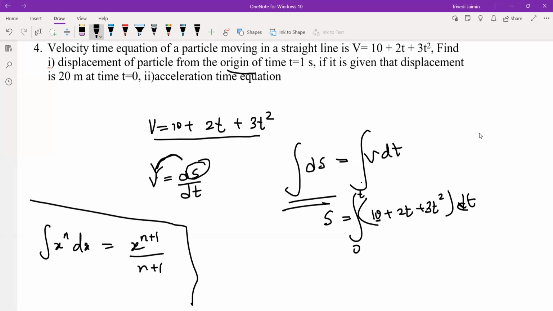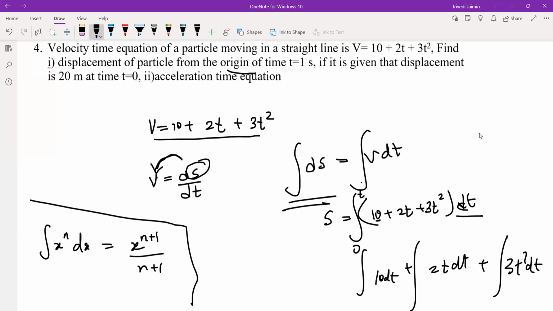Remember, we are integrating with respect to t, which is why we have dt there. So it is 10 dt, also 2t dt, as well as 3t square dt, integrating each and adding them.